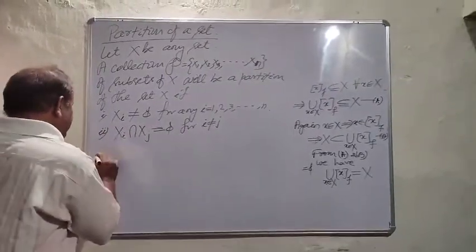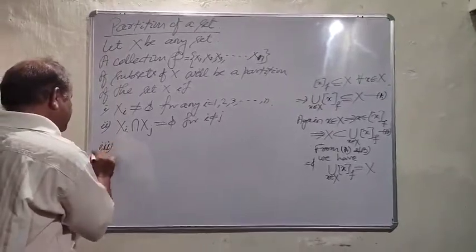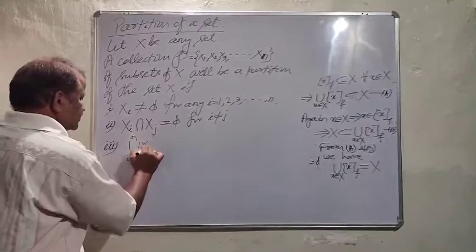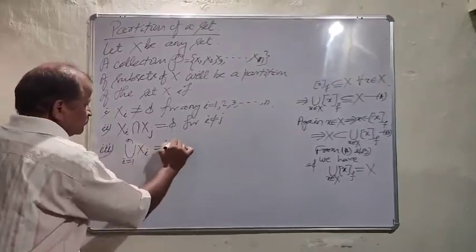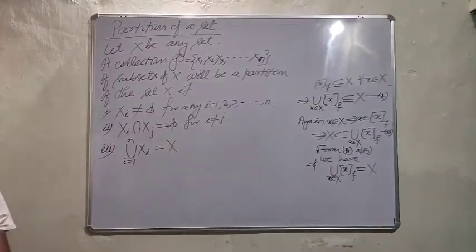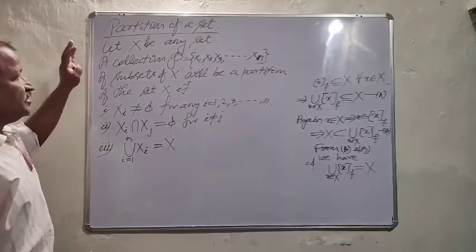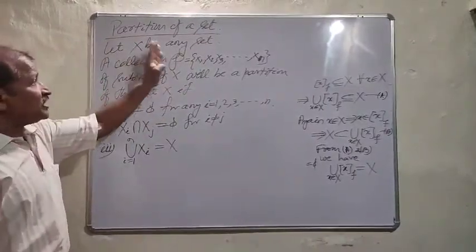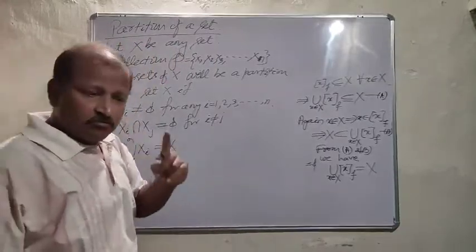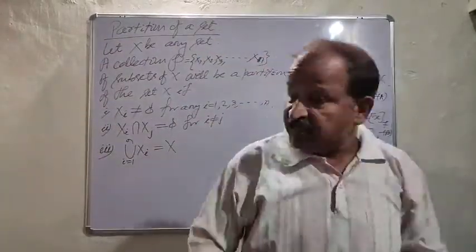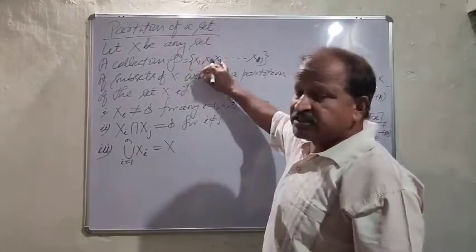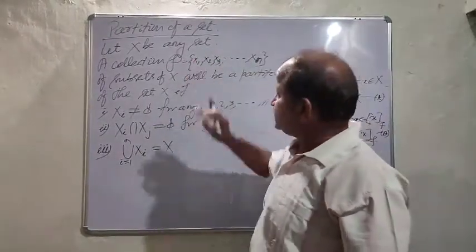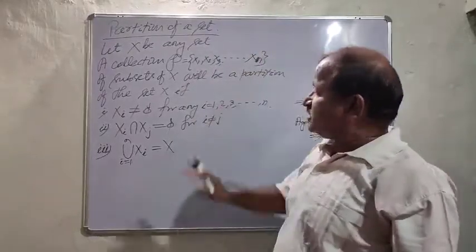And number 3, union of xi for i equal to 1 to n is equal to X. Clear? X is any set, P is a collection of subsets. Here x1, x2, x3, xn are all subsets of X. What type of subsets?